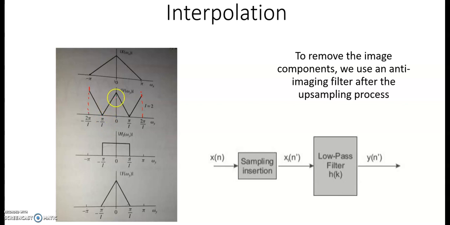So if you want to have this signal received properly, you need to have a filter working over here, whereby the original output is received as a part of this process. So you need to use an anti-imaging filter after the upsampling process. This is how the graph works: you have the original signal here, you insert the samples, and then you subject it to a low pass filter operation.